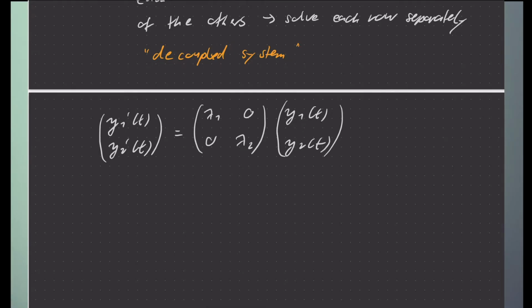Then obviously we could solve both of these equations on their own. So we will get solutions y1 of t equals some constant gamma 1 e to the lambda 1 t, and y2 of t equals gamma 2 e to the lambda 2 t. Okay, so that would be easy to solve.